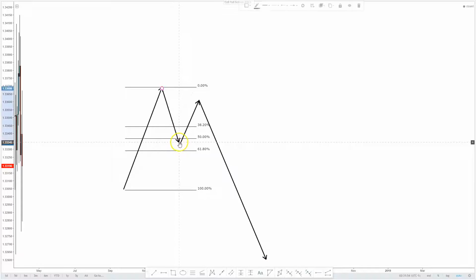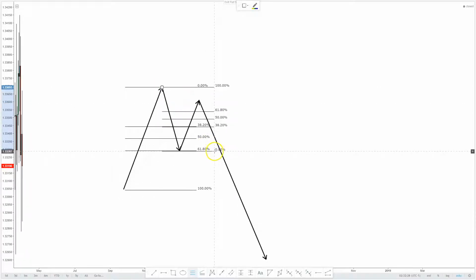Let me fix this to the 50%, so it's a 50% retracement. Let's actually put it at the 618, something more classic, something I would look for. Boom, we get the retracement. This retracement has to be between a 382 and an 886.